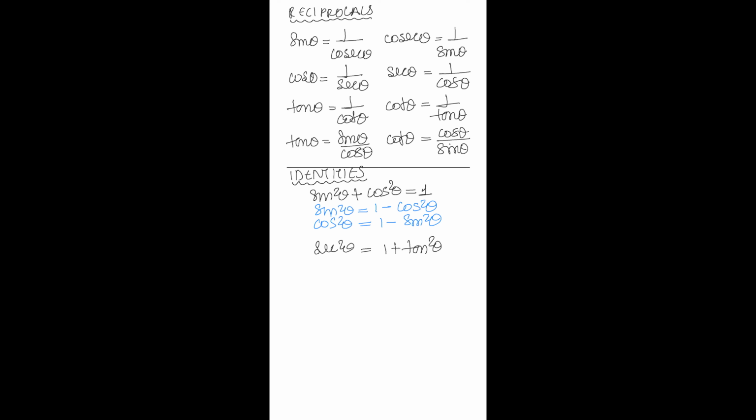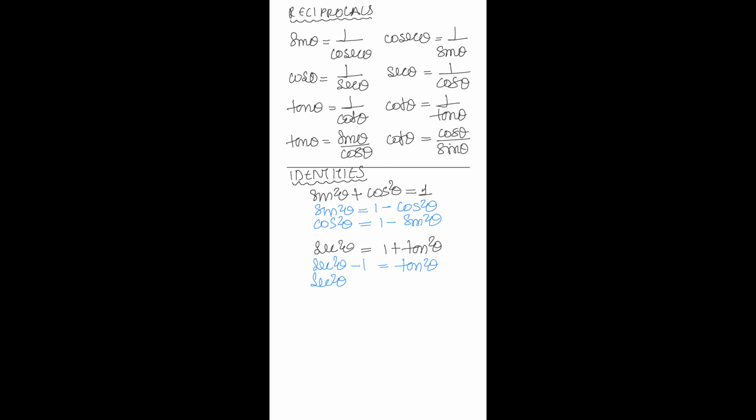Now you bring one on the left hand side. You will get a derived form. And you know what that is? From the right hand side, bring 1 to the left hand side. It will become sec square theta minus 1 is equal to tan square theta. Then in the next step, instead of 1, you bring tan square theta to the left hand side.